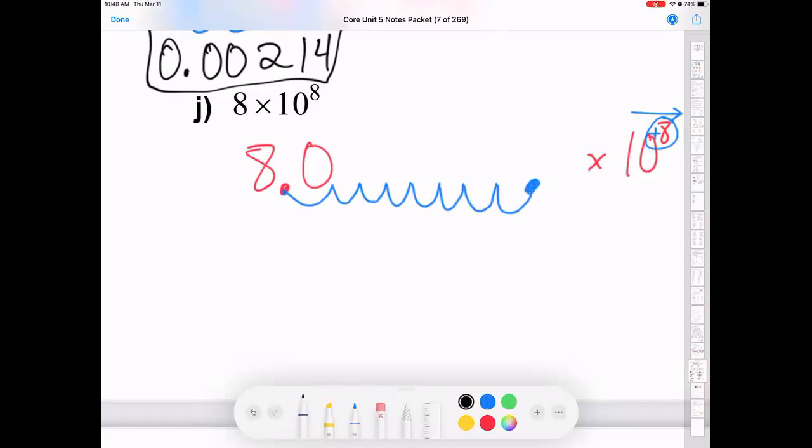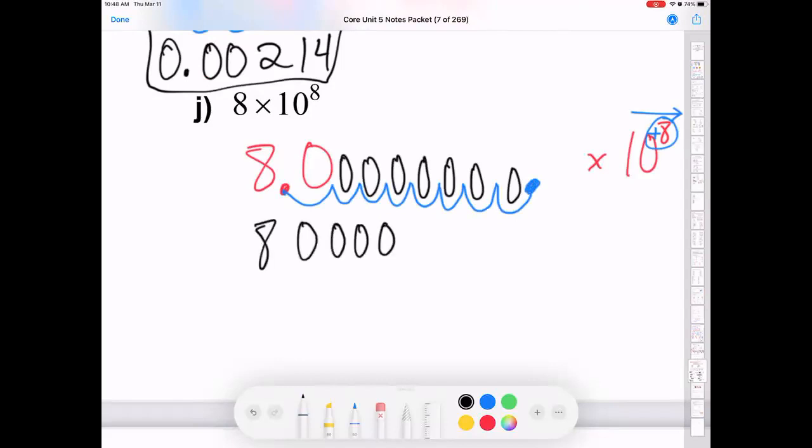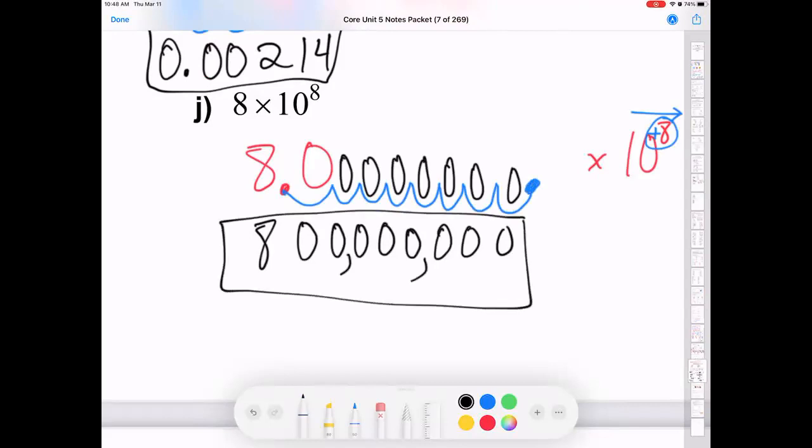And then we put those zeros in for the little bumps. And so when we do that, we have 8, 0, 0, 0, 0, 0, 0, 0, 0. Commas where they belong, though. Boom, and boom, for a grand total of 800 million as a standard number.